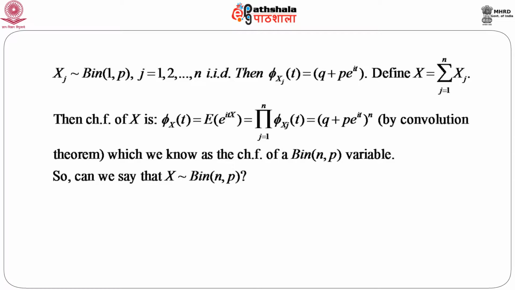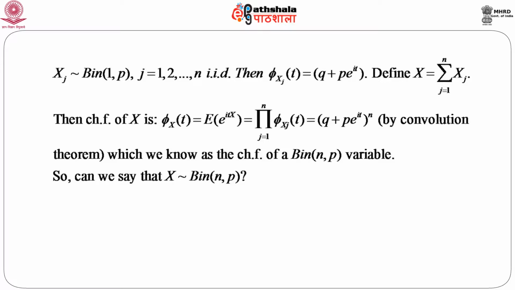So, this product comes outside the expectation. So it becomes the product over j equals 1 to n of the expectation of e to the power i t X j, which is nothing but the product over j equals 1 to n of phi X j of t.